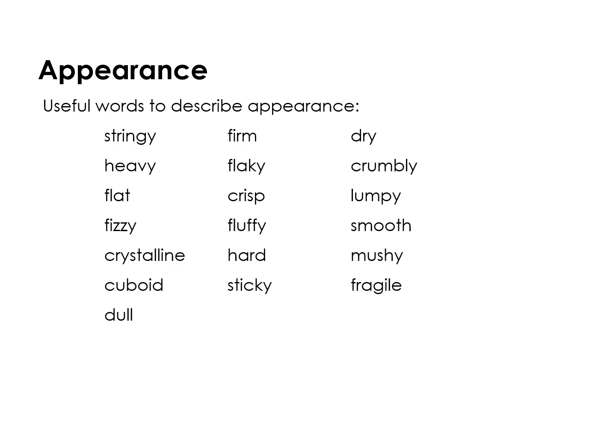Firm is a food that maintains its shape and provides resistance when bitten into. So, like a fresh apple, you can feel the firmness. Dry, a food lacking moisture, often resulting in a crumbly or tough texture, like a dry biscuit.